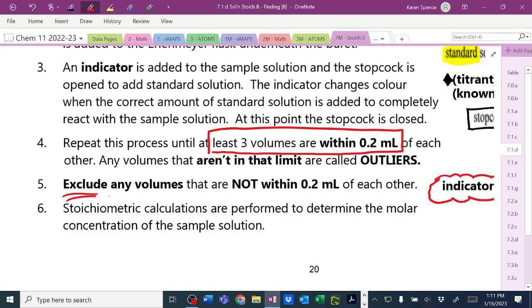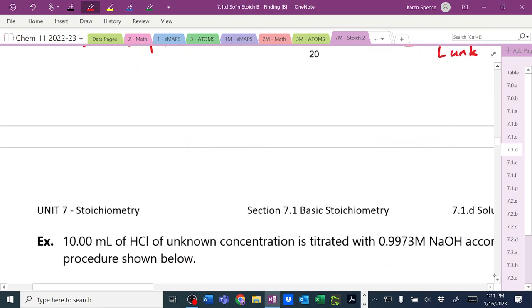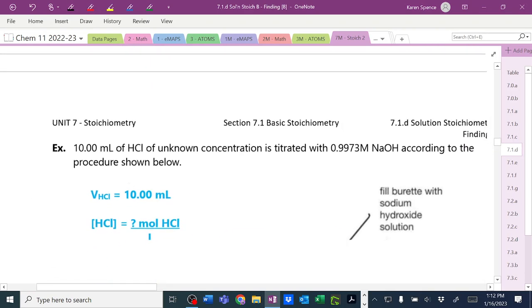We just do those calculations that we just did, which means you're going to find moles of your known. You're going to find moles of the unknown. And then you're going to find concentration of the unknown by taking the moles of the unknown divided by the liters of the unknown. Okay? I know, right?